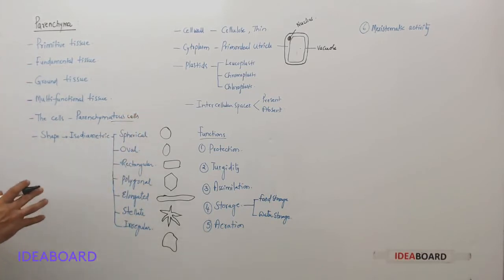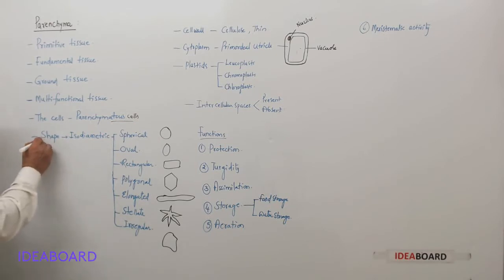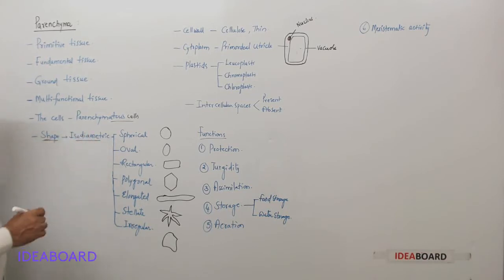When we want to go into the details of these cells, what will be the shape of these cells? They're isodiametric. Iso means similar, diametric means diameter, meaning the size from any side will be the same. They may have different shapes, but the size will be uniform from all sides.